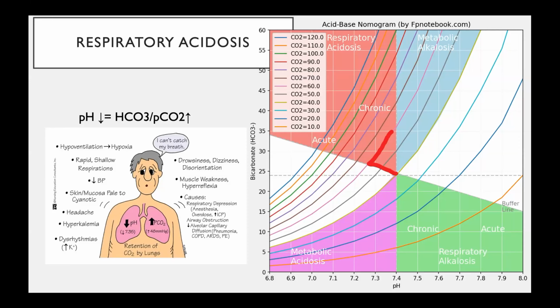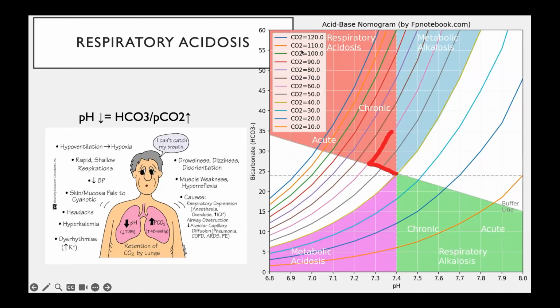So what will happen? You can see the nomogram, where the x-axis is pH and the y-axis is bicarbonate, and this is the ideal place where pH is 7.4. When respiratory acidosis occurs, carbon dioxide goes up.